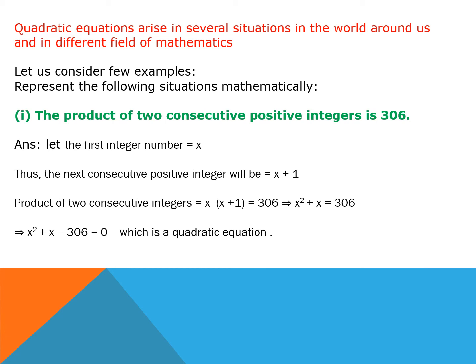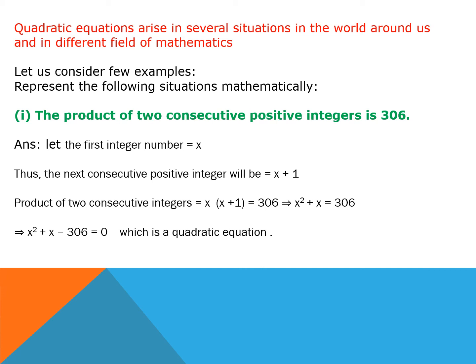Quadratic equations arise in several situations in the world around us and in different fields of mathematics. Let us consider a few examples. Represent the following situations mathematically. The product of two consecutive positive integers is 306. We begin with, let the first integer be x.